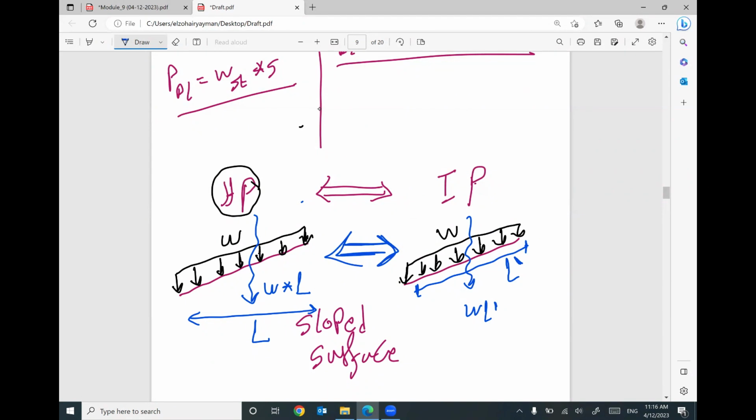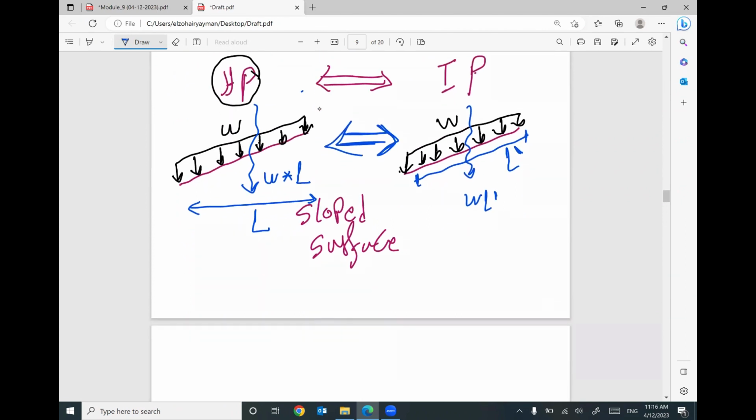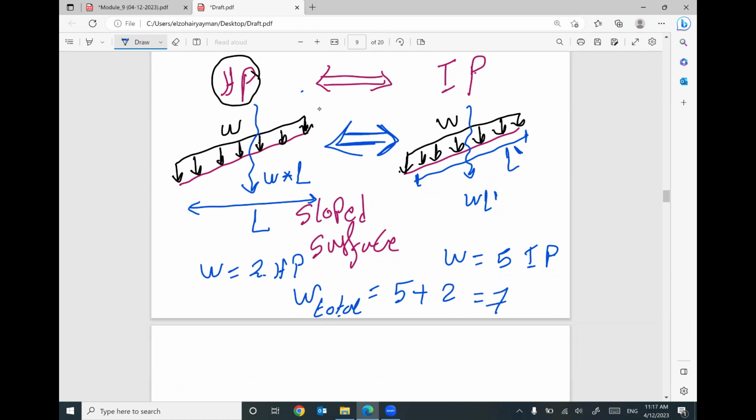Unfortunately, if you have W equal 5 inclined projection, and we have W equal 2 horizontal projection, I cannot say W total equal 5 plus 2, equal 7. I cannot do this.